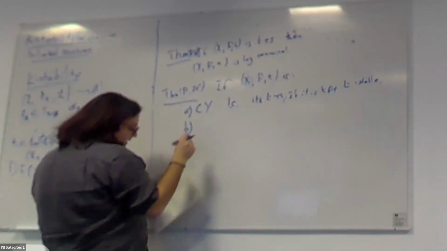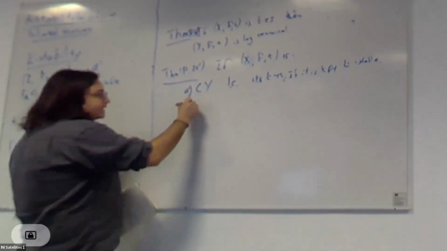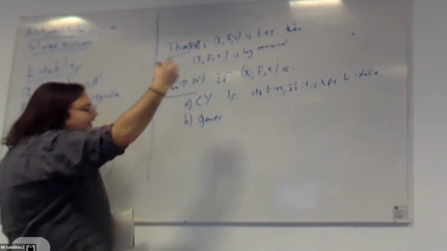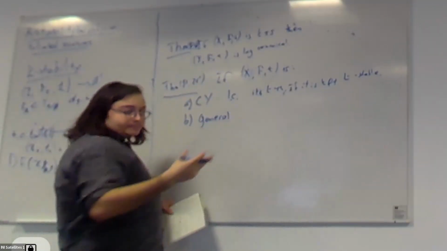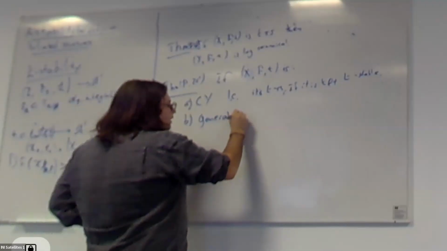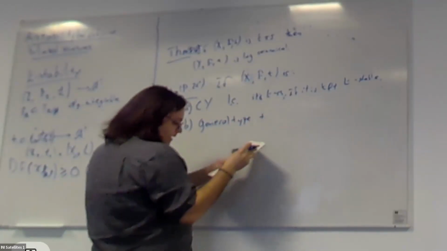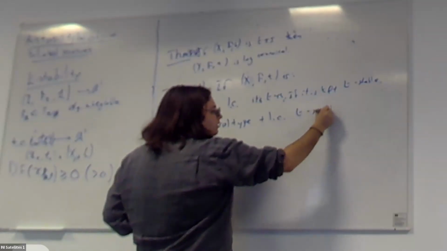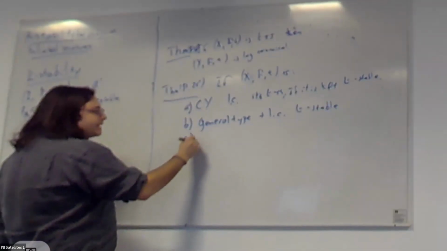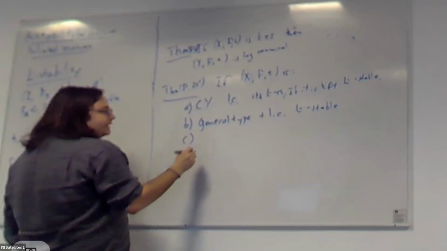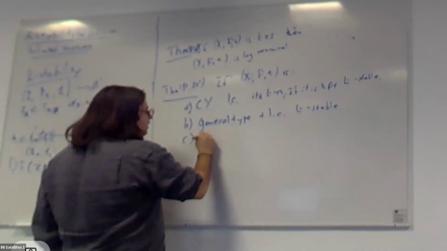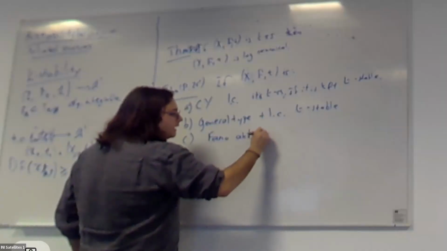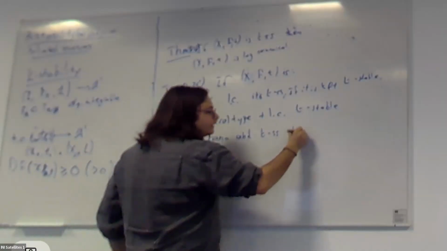The second one is that if this is general type, meaning the adjoint canonical divisor is ample, and log canonical, it is always K-stable. And the third one is that if it is Fano and K-semistable, it will be KLT.